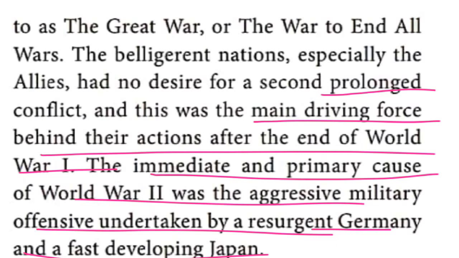The two countries were responsible for the Second World War. Likewise also we can tell, resurgent, otherwise reviving Germany and fast developing Japan.